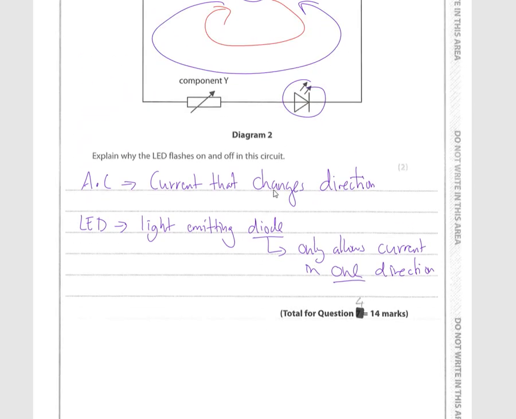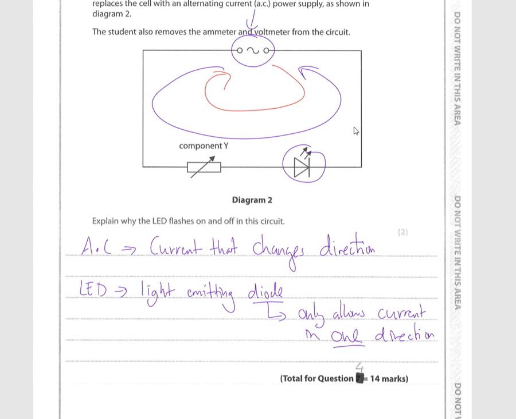And the AC changes direction continuously. So if the current is going, let's say, in the purple direction, the diode will light up because the diode only allows current in the purple direction. Now, if the current reverses because of the AC, let's say the current now goes the other way, the red arrow. If the current goes in the red arrow direction, the LED will stop it.